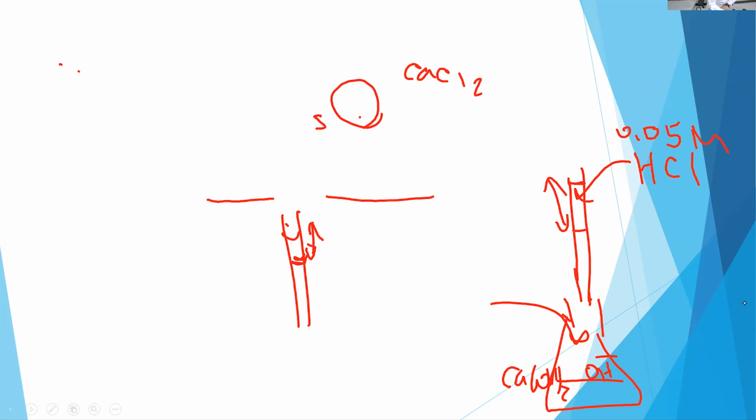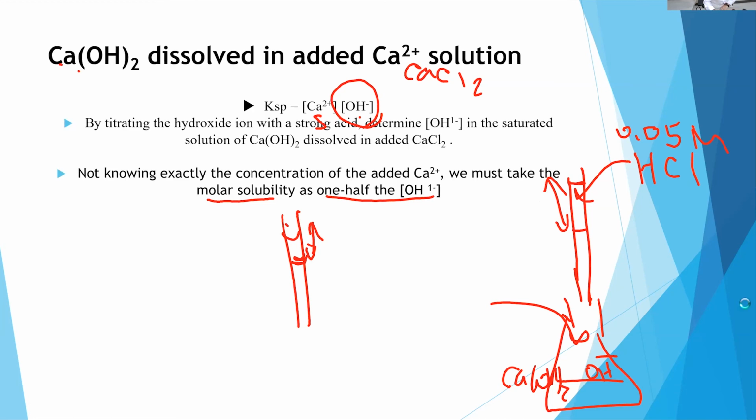Okay. You're going to follow the procedure if it asks you to show all your calculations of the concentration of the calcium ion, or you just use the concentration of the hydroxide ion based on the values that you find from the amount of HCl used.